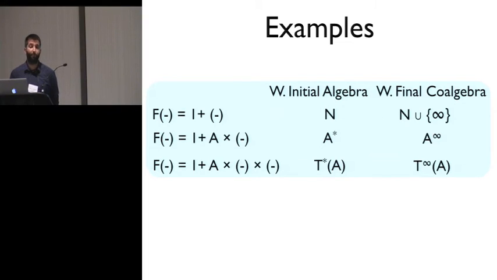Because, as I said before, we can encode the standard data types, inductive and co-inductive, with this notion of weakly initial algebra and weakly final coalgebra. For instance, we can encode natural numbers, lists, and trees in the inductive version, and the infinite analogues in the co-inductive version.